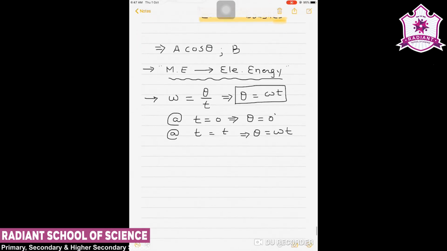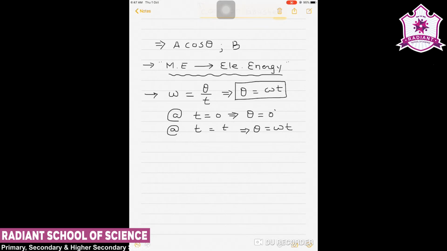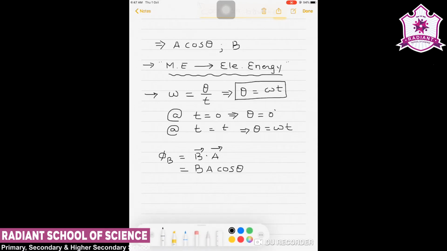Now in this arrangement, at some instant t, the flux linked with the system is represented by phi B, that is B dot A. If we consider right now only one loop, it can be written as B A cos theta, and if we put theta from the equation above, we can simply say that this is B A cos omega t.